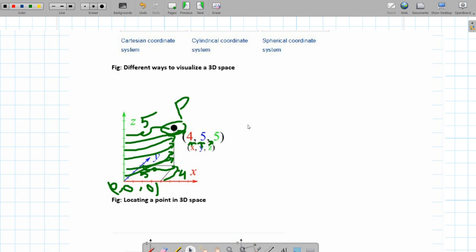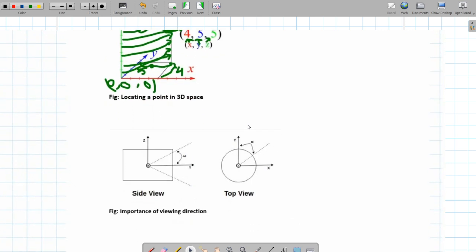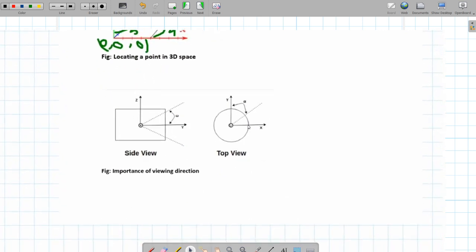Now let's move forward. Here is something which you must get hold of for a better understanding of transformation in 3 dimensions. View. When you talk about 3 dimensions, then view becomes an important thing. So this is the side view of a 3-dimensional object.